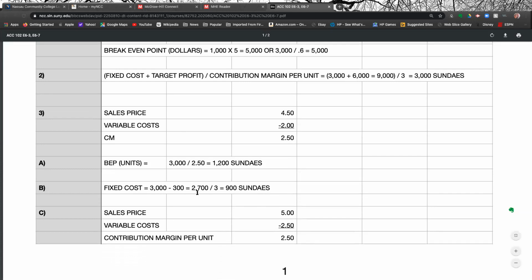They'd be $2,700. 3,000 minus 300 is 2,700. And the contribution margin is still $3. 2,700 divided by 3 is 900 sundaes. 900 sundaes to break even. So if I could reduce my fixed cost a little bit, I would have to sell less ice cream in order to break even.